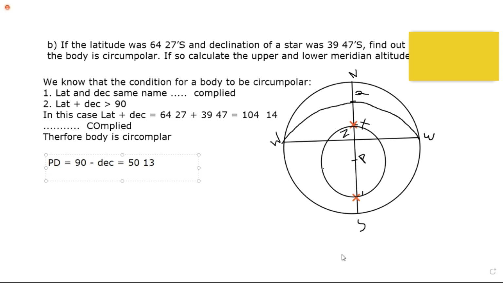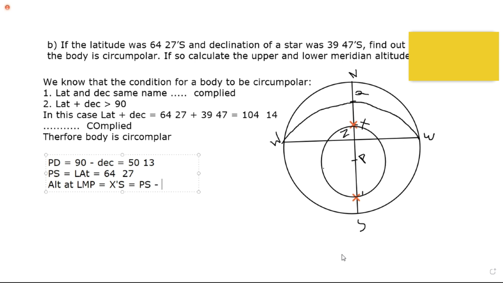x dash. Well, this one, PS is equal to latitude 64 degrees 27 minutes, which we already derived last time. Therefore, altitude at lower meridian passage is equal to x dash S, PS minus PX dash.